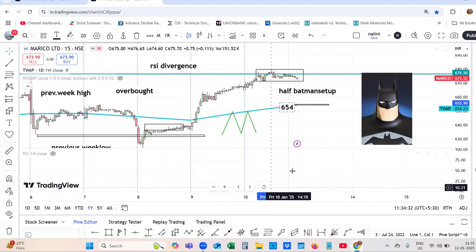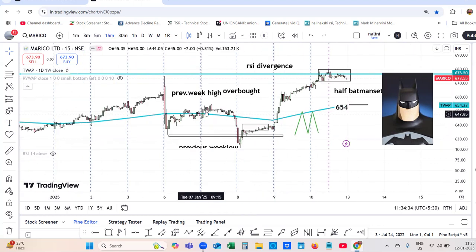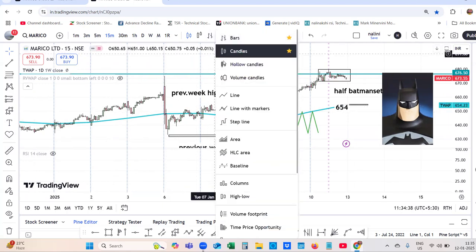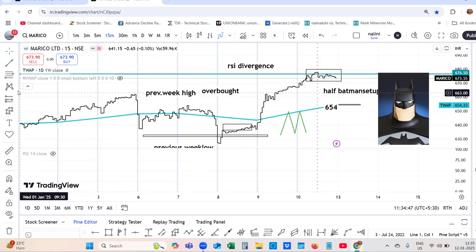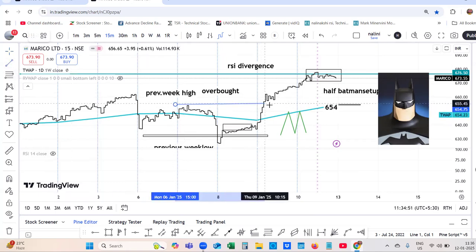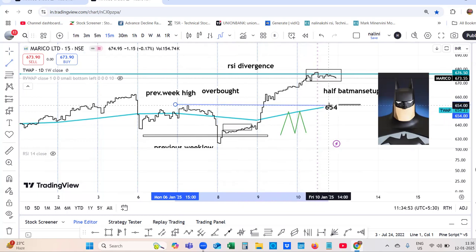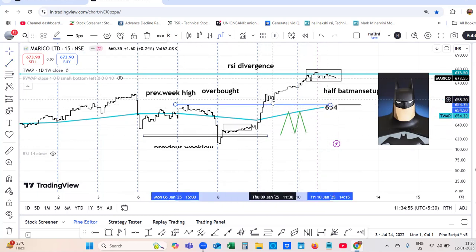This is one way. And also if you see, if I enable the step line chart, cross-checking, this is the area. This is the price level from where price flipped to the positive territory, from sellers to buyers area.